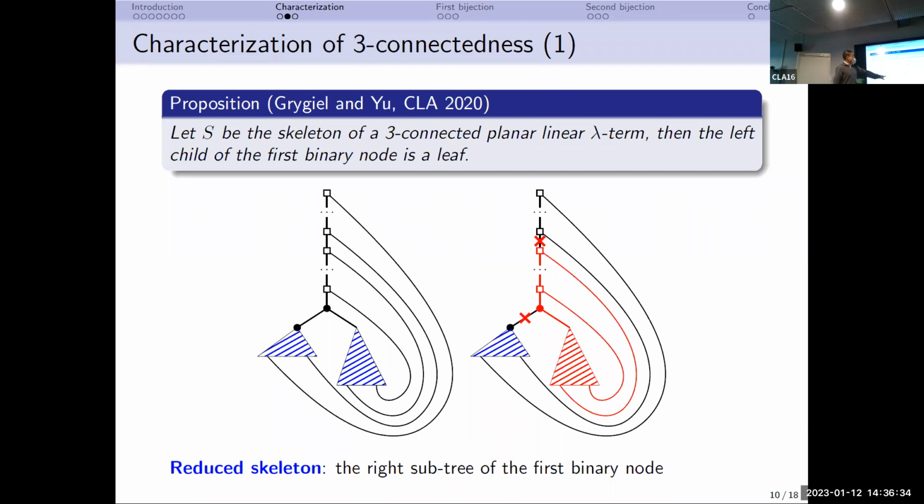And if we have two trees like this here, because we can suppose that it is two connected already, there must be three variables in these two trees. Then they must be captured by the initial abstractions, which are separated in the middle. And to disconnect the diagram, we only need to delete this edge.